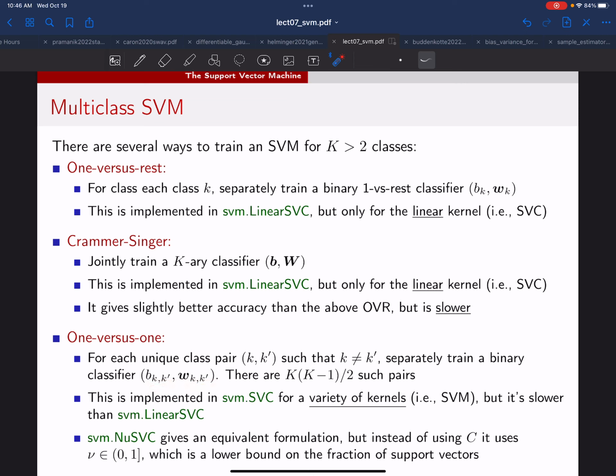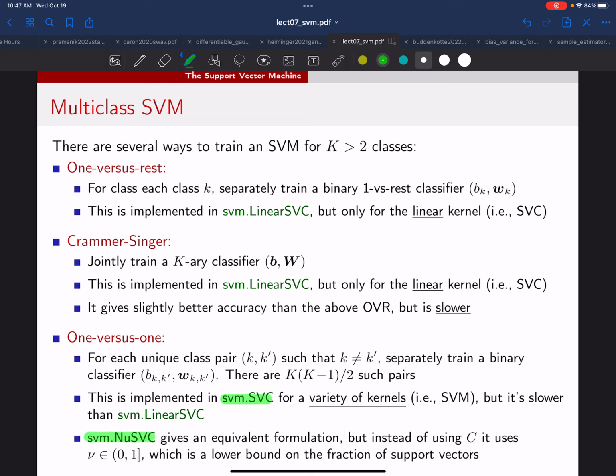So even though there are more of these, the problems themselves are faster. This one versus one approach is how SVM SVC works, and it allows us to use a variety of kernels, but it's still a bit slower than LinearSVC.